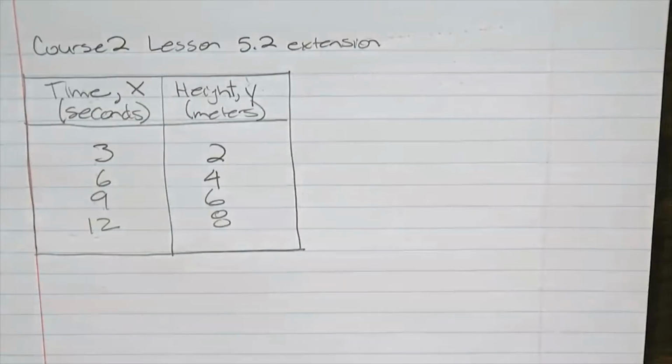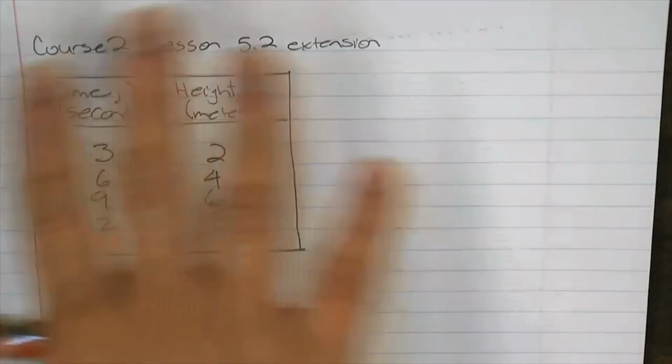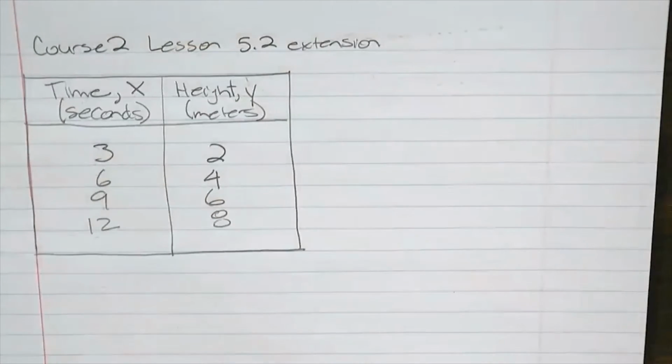And remember we said a proportional relationship means, what does it mean? Equivalent fractions. So a proportional relationship means equivalent fractions, right? So I don't see any fractions here. We're going to need to make our own fractions.